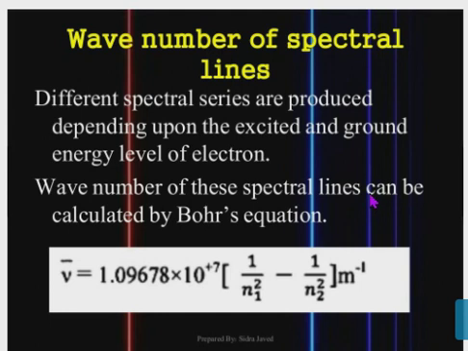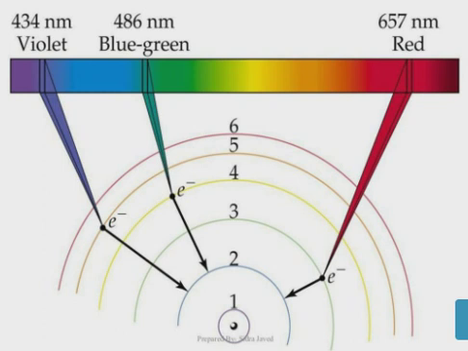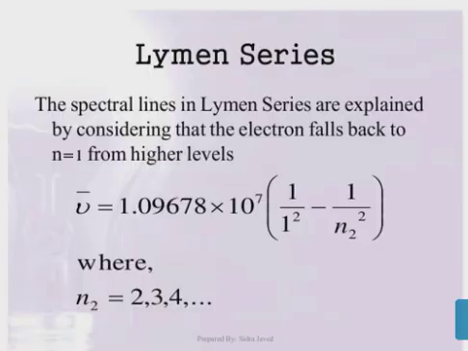Different spectral series are produced depending upon the excited energy level of the atom, as we already know. In the hydrogen spectrum shown, this is the lower energy level, violet is the higher energy level, then blue, green, and red.